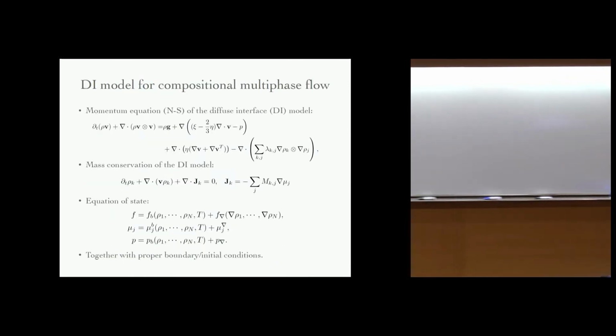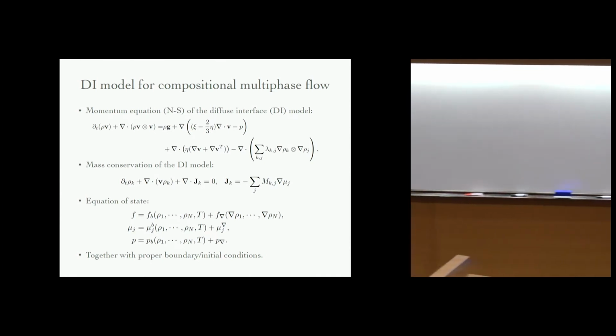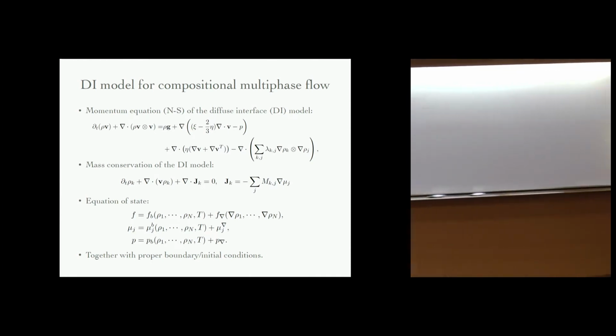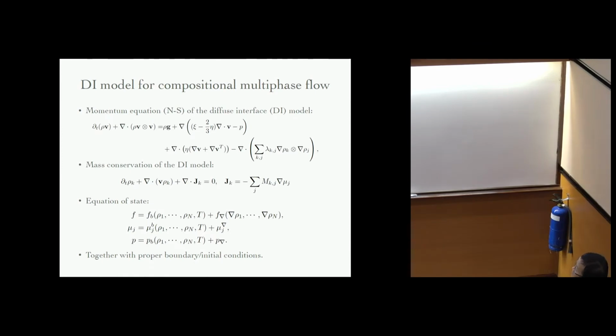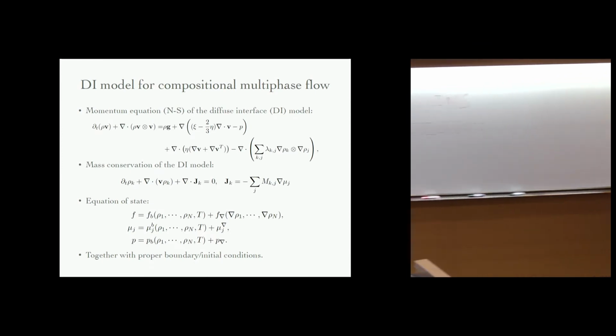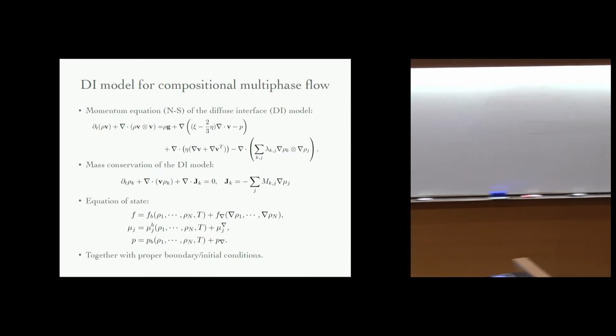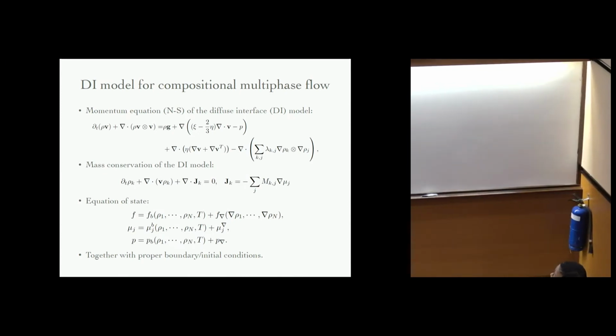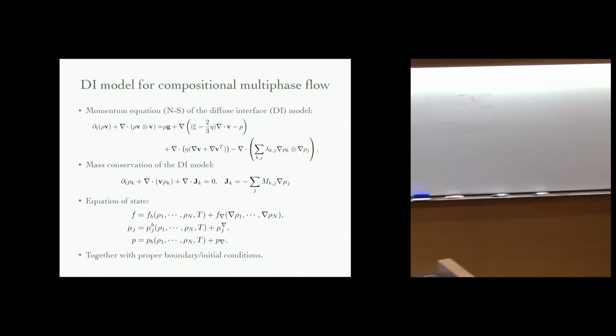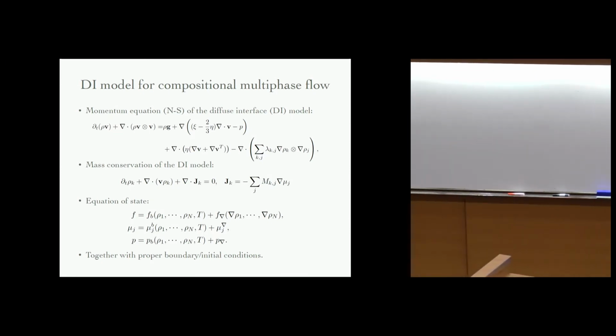So recently we developed a diffuse interface model framework for multiphase flow involving multiple components that allows partial miscibility. Basically, the momentum equation is the same. The mass conservation law we can write for each component. The important thing is we couple this with the equation of state, allowing us to model the miscibility.